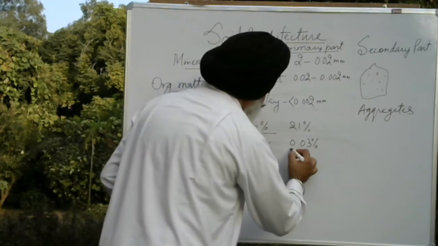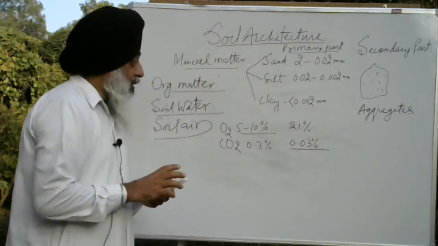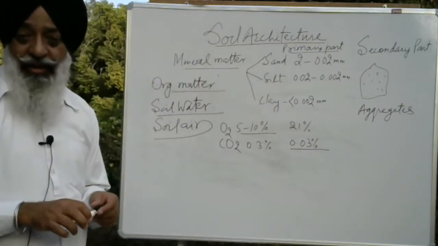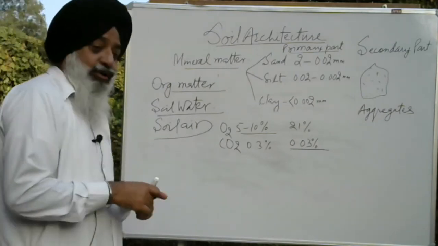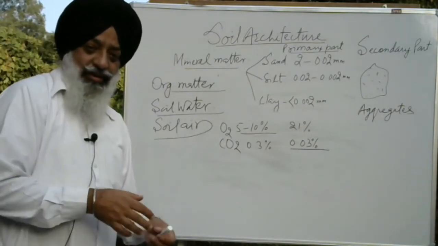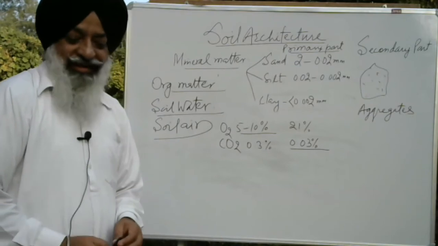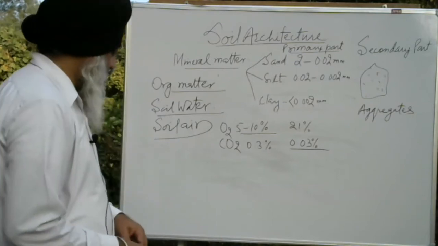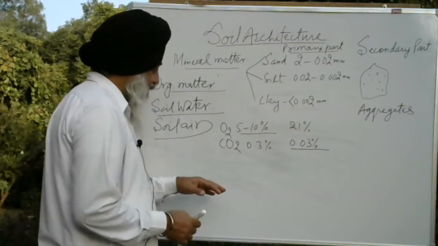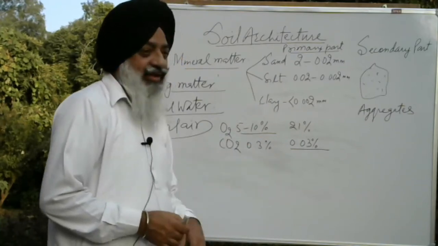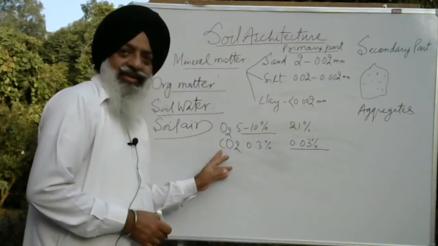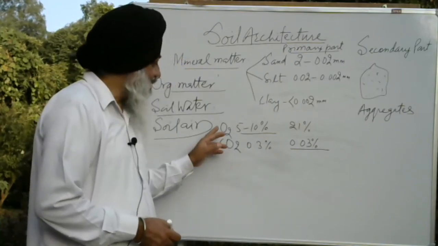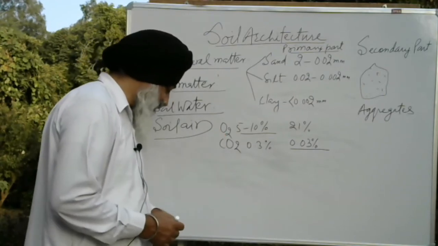Now you see, it is around 10 times higher in the soil, because roots are continuously breathing and roots exhale carbon dioxide into the soil. And whenever the soil moisture increases, the carbon dioxide content also increases and the oxygen content decreases.